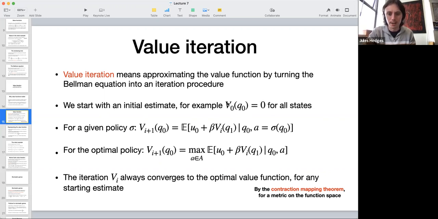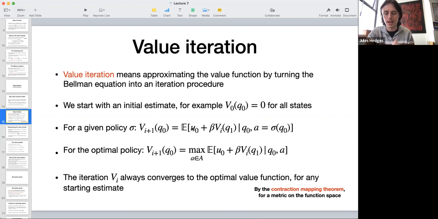At this point, so previously I have subscripted V by the policy, but now I'm going to change course and start subscripting V by just the iteration number that we're on. So the initial one is going to be V sub 0. That is to say our initial estimate, V sub 0, is going to say that the value of every state is 0. Now, if we have any old policy sigma, we're going to say that the next estimate, so if we know V_i, then the next one, V_{i+1}, is going to believe that the value of a state Q0 is going to be this expectation.